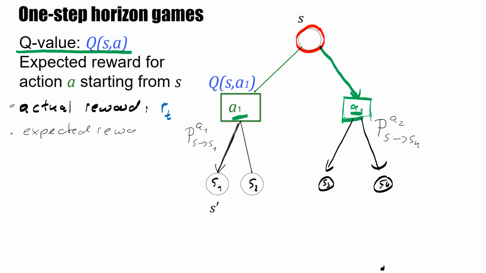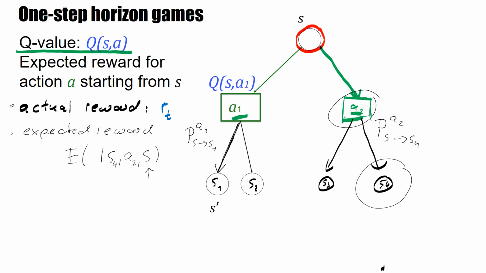is something else. The expected reward is the expectation over all possible actual rewards when you start in a given state. For example, in state S, this is where you start. You take, for example, action A2, and you end up, for example, in state S4.